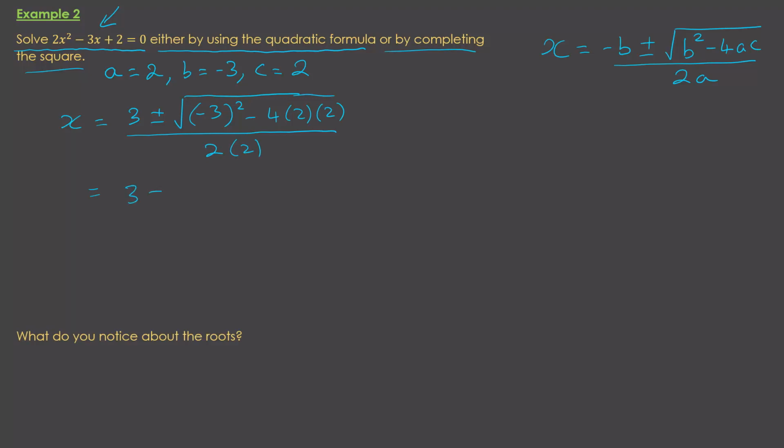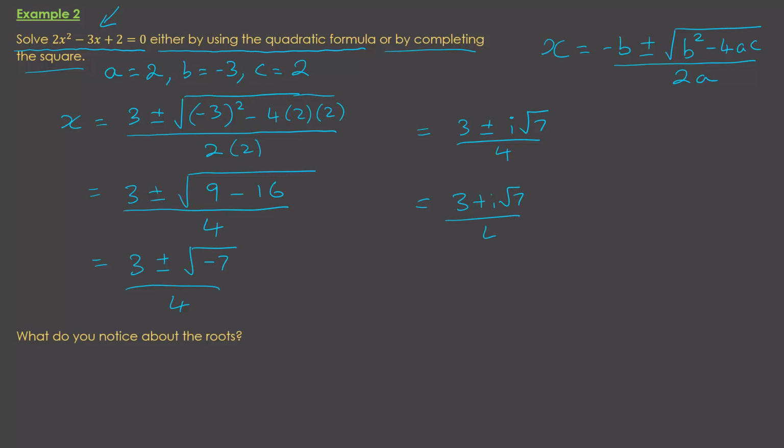So that's going to be 3 plus or minus the square root of 9 take away 16, divided by 4, which is 3 plus or minus the square root of negative 7 over 4, which is 3 plus or minus i root 7 over 4. So what we get is 3 plus i root 7 on 4, and 3 minus i root 7 on 4.